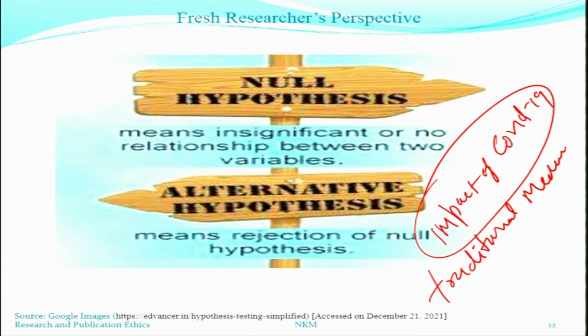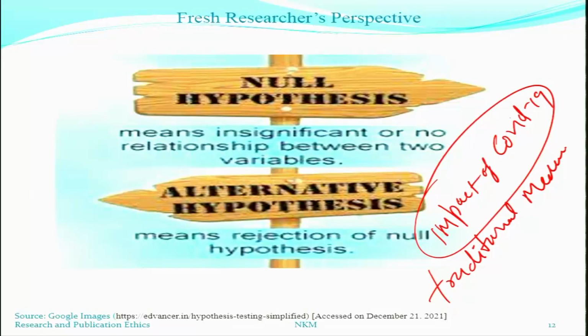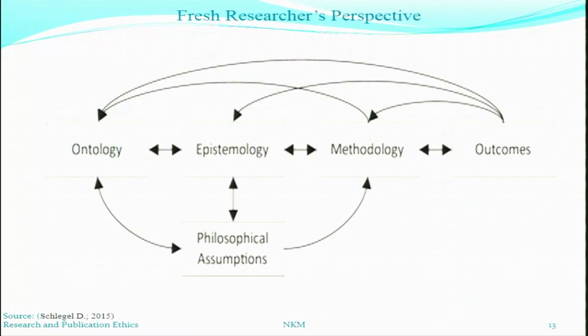So of course we are going to show that our hypothesis is effective. On the other hand, we can disprove this by showing that there are many cases where people have taken traditional medicines but still got infected. So again we nullify the point, saying traditional medicine has no effect on immunity to protect against COVID-19. So further, let's move to this idea of ontology, epistemology, methodology, outcomes, and philosophical assumptions.